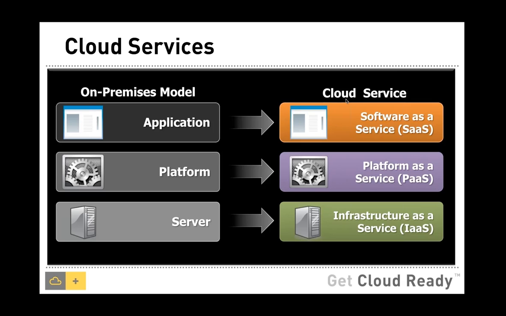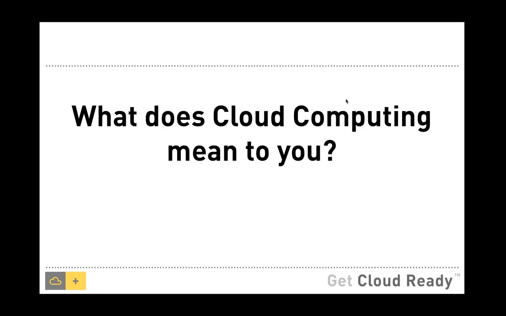Then the traditional way of procuring a server from HP or Dell, installing the core operating system and letting the IT team install the rest of the software, that model is translating to infrastructure as a service. So this is how you primarily visualize or relate to the cloud services world.